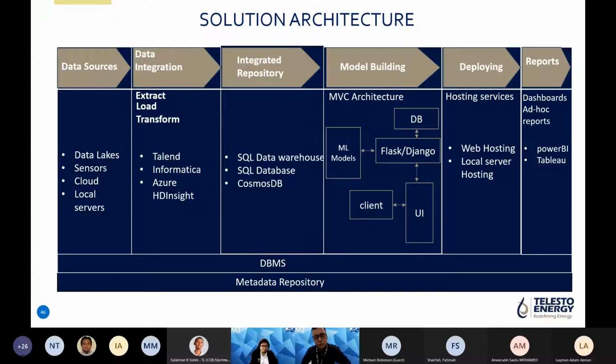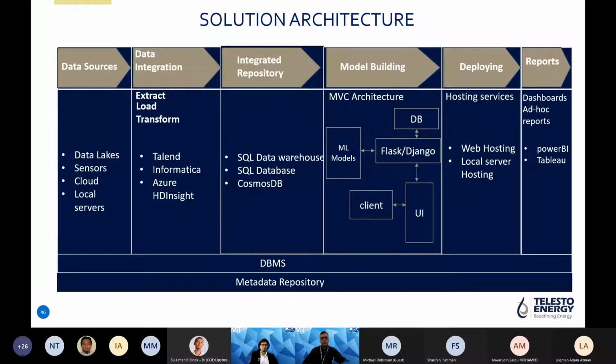So these are some of the tools that we have used: Talend, Informatica, and Azure HDInsight, and these are loaded into SQL or Cosmos DB. There are a number of databases that you can use.